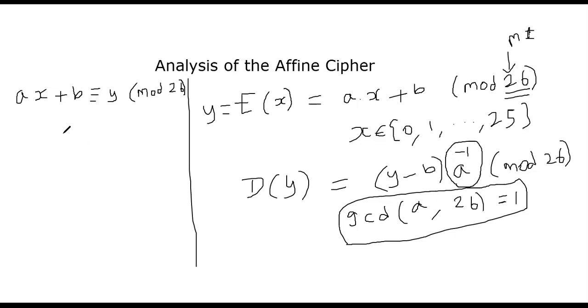Let us assume for a moment the GCD of A and 26. I'm going to replace 26 by M because there's nothing specific to 26 per se. So I'm going to call this the modulus M. M can be 26, but it can be other than that as well. So let's assume the GCD of A comma M is 1 for a moment.